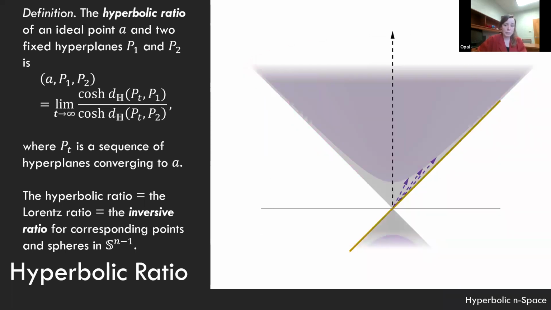And of course, you could also be doing this for hyperbolic points as well. If you are looking at the hyperbolic ratio, but using two fixed hyperbolic points instead, because your basis is made of hyperbolic points, then you would be taking a limit of hyperbolic points to that light-like line.